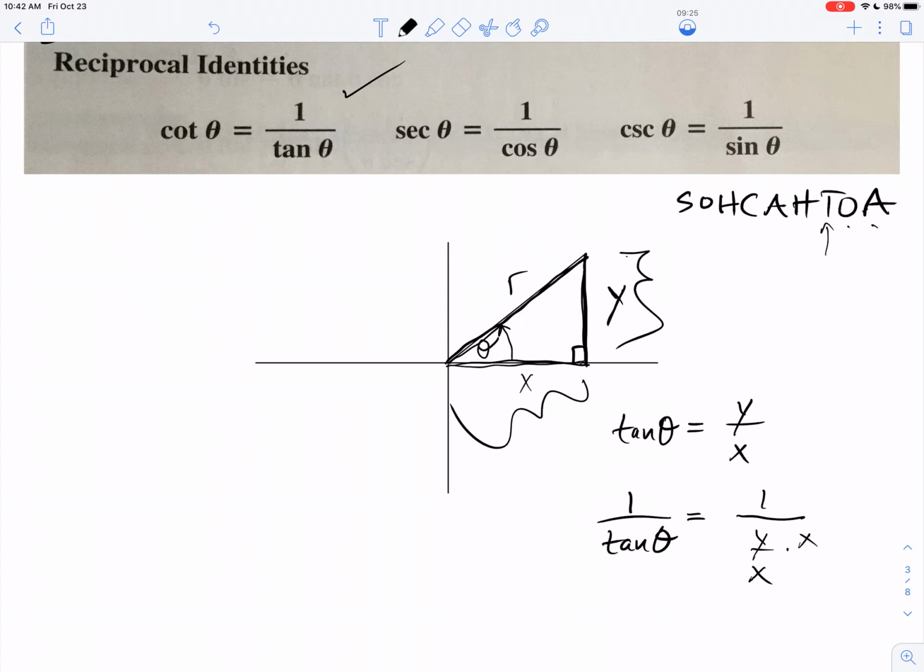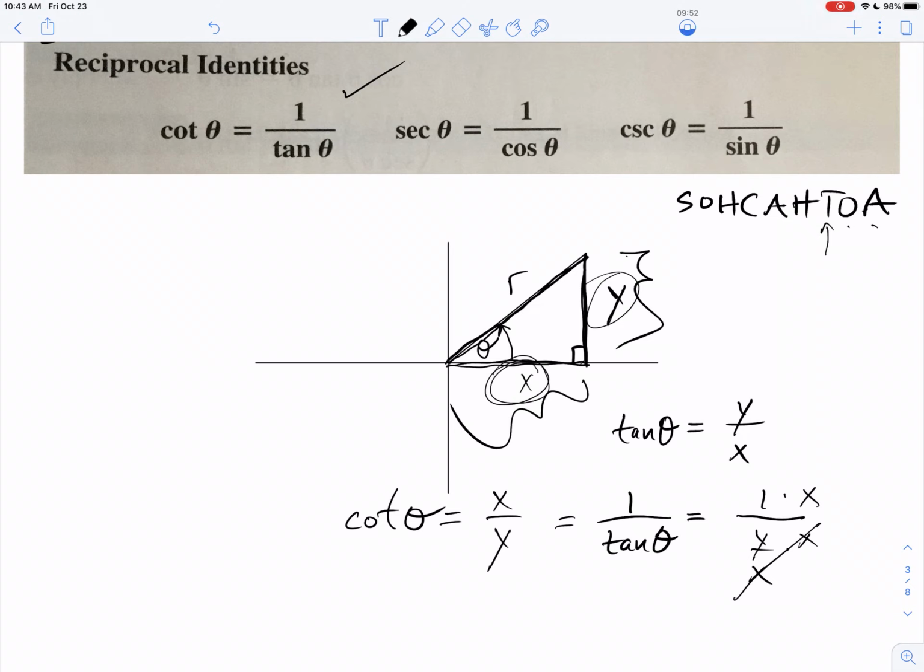So I could multiply top and bottom by x, and then this would cancel. The result is, when I do 1 over tangent, I get x over y. And x over y is adjacent over opposite. That's cotangent theta.